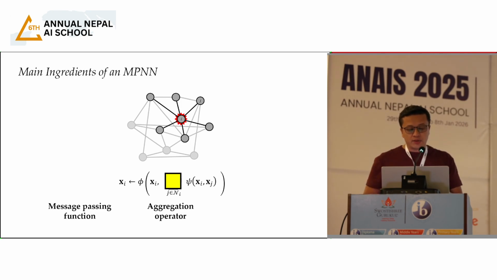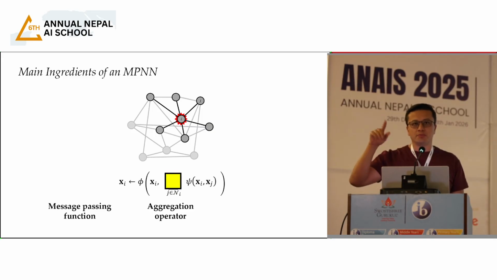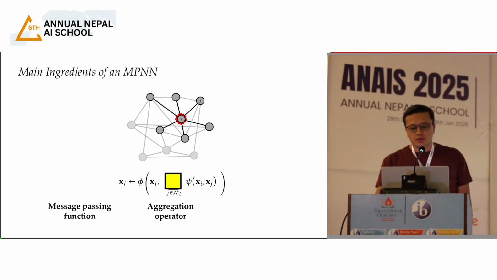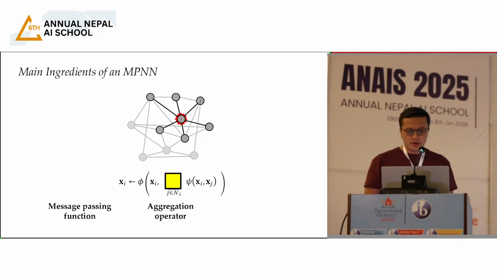Strictly speaking, I have to use time indices, superscripts, noting that I'm talking about the representation of x_i at time t+1, given the representation at time t on the right-hand side. But for notational brevity, we are dropping this. This is an iterative algorithm, and at every layer, this is the update rule that we will be following. Good.